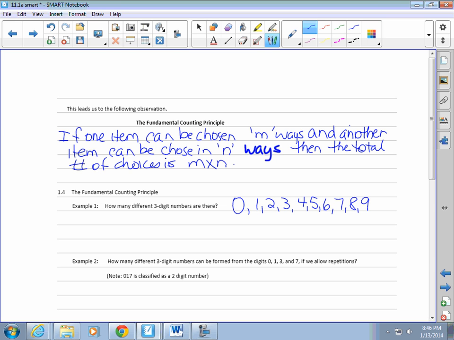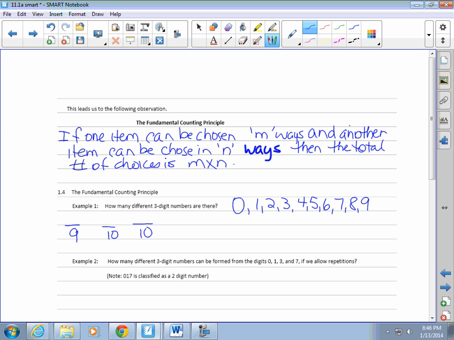If I'm looking at a 3-digit number, the best way to do these is to make blanks and then write in, okay, what are your number of choices for each blank? So for my first digit, I would have 9 choices. My second digit, I would have 10 choices, and my third digit, I could have 10 choices.